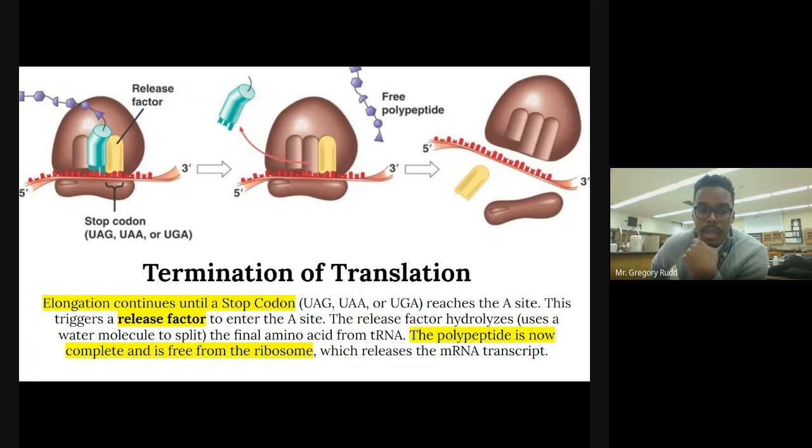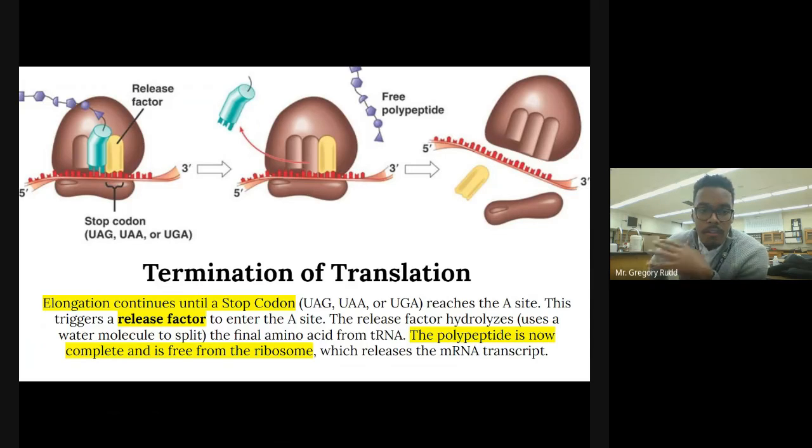What's going to happen is that what's called a release factor, which is shaped similarly to a tRNA, is going to enter the A site. That triggers hydrolysis, and the growing polypeptide chain is going to be literally cut off from that last tRNA.